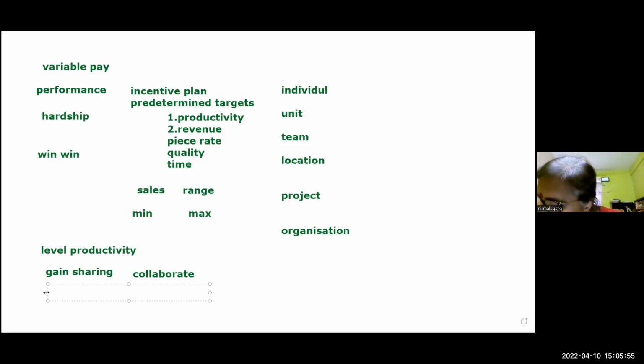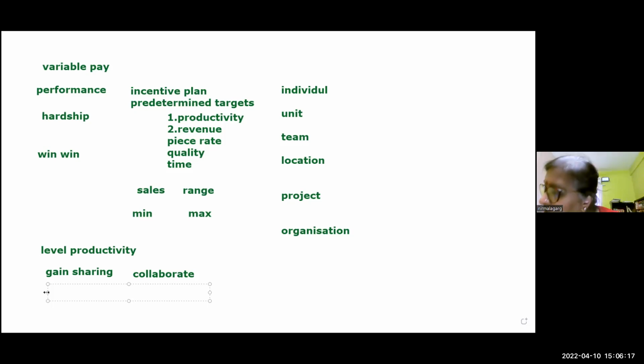Most organizations typically have a variable pay plan, which will be slightly different from the incentive plans or pay for performance plan, typically for revenue generation teams. Variable pay is typically applicable for manager and above.